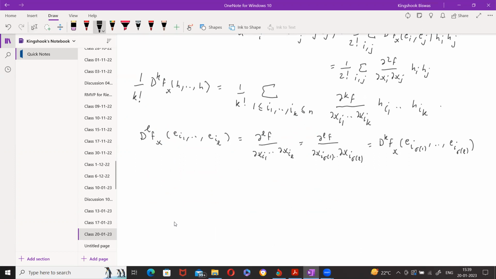So that means that the Lth derivative, sorry, this should be an L here, not a K. The Lth derivative is invariant under permutations of the basis vectors, right? So by multilinearity, that will tell you that the Lth derivative is invariant under permutations of any vectors.